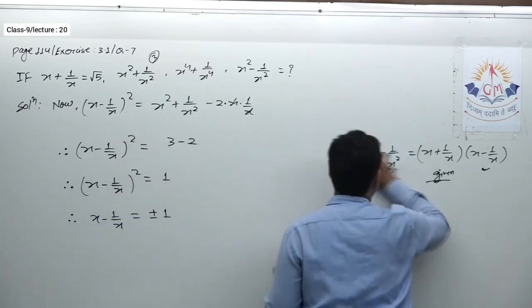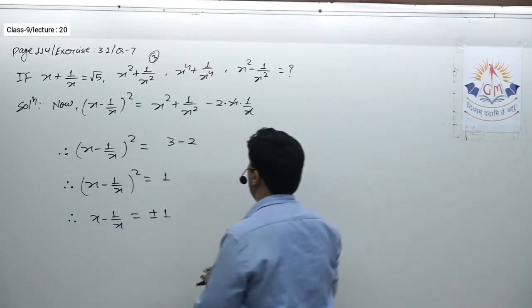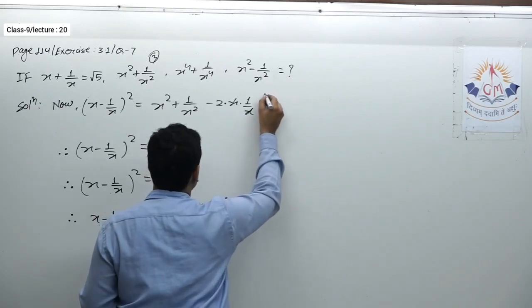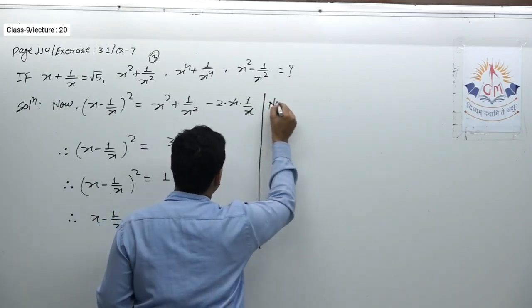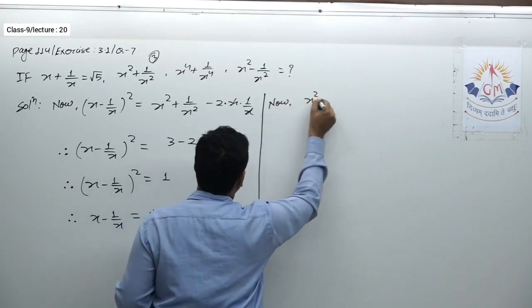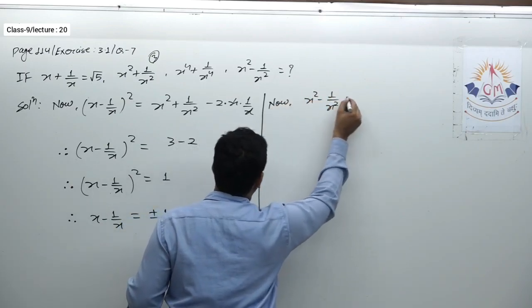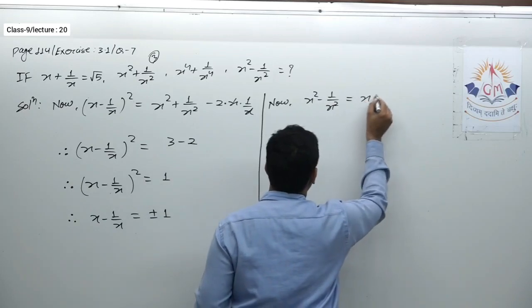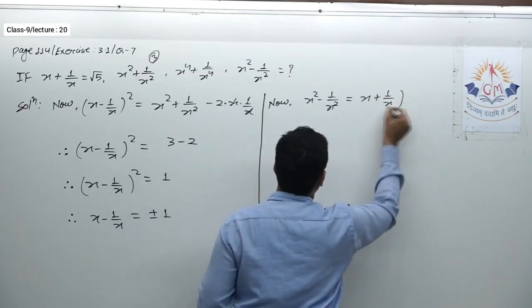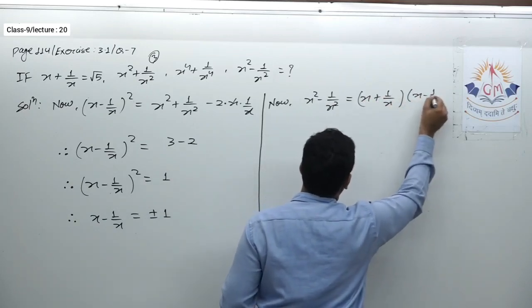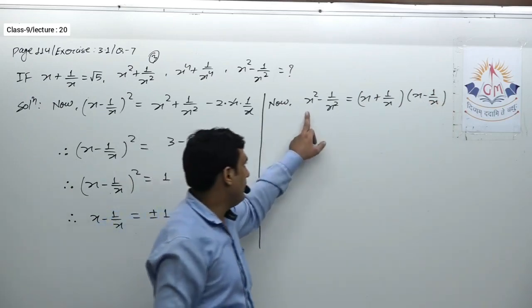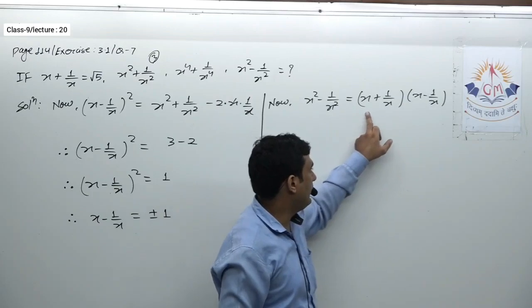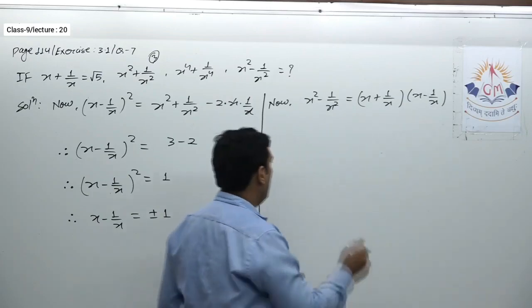Now we'll come to the expression whose value actually we have to find. So that is the third expression. So now x square minus 1 upon x square is equal to x plus 1 upon x into x minus 1 upon x. Here I applied the identity of a square minus b square, that is a plus b, a minus b.